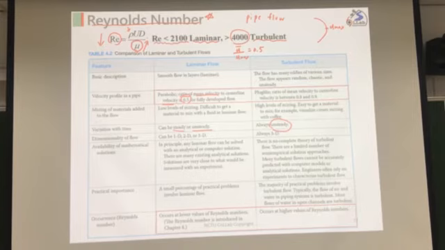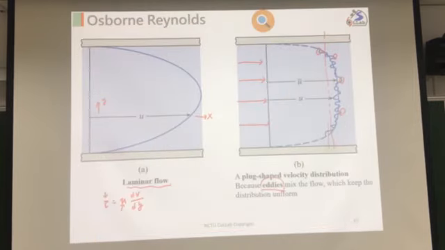But you see for turbulent flow, here U bar divided by U center line, the ratio is usually around 0.8 to 0.9, because for turbulent flow the velocity profile has this shape.